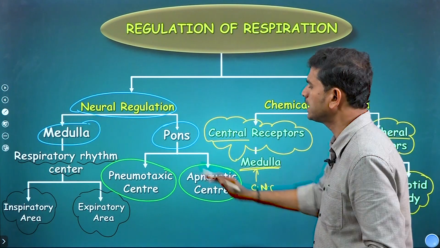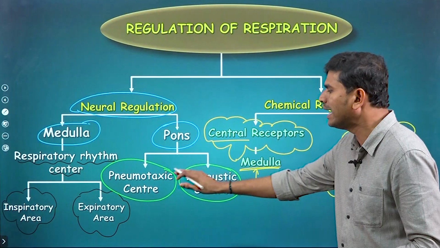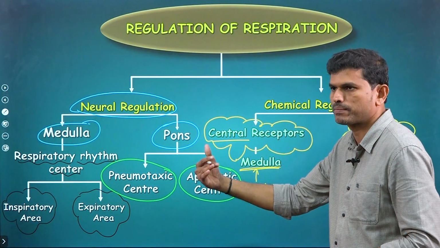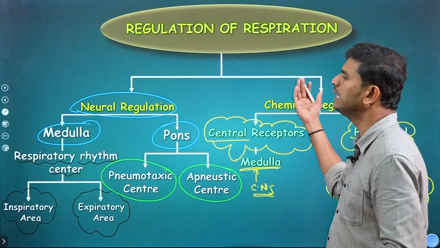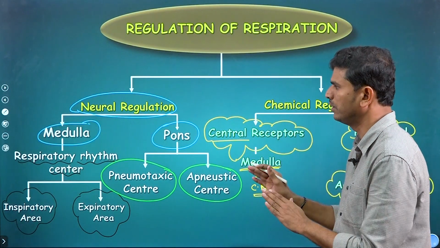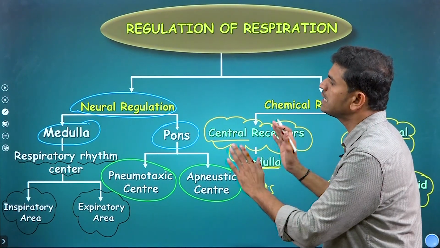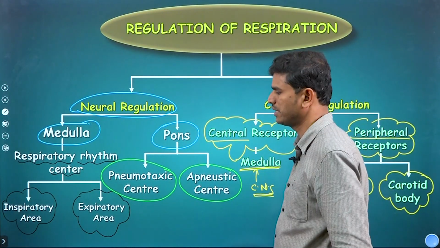Pons varoli contains the pneumotaxic and apneustic areas. How they are going to control the respiration, we can see in the next slide. But here, which one is present under which one, we have to remember. Don't get confused here.